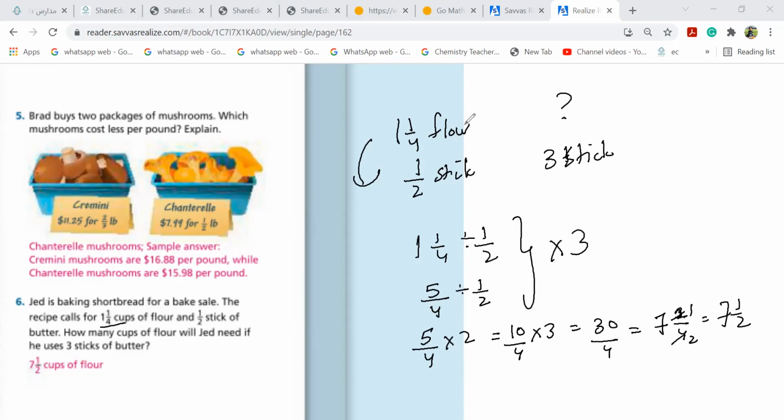If you have 1/4 flour for half a stick, for 3 sticks, how much? You just divide this and you multiply this. Same procedure always. You open this, I got 5 over 4. You divide it by half. Division becomes multiplication and you flip this. You get 10 over 4, you multiply with 3 sticks to get the answer. You got 7.5.